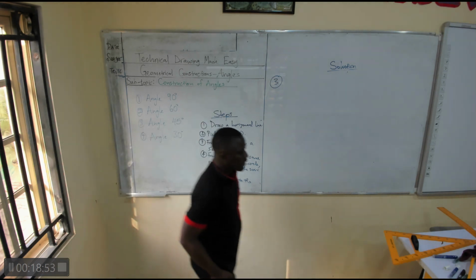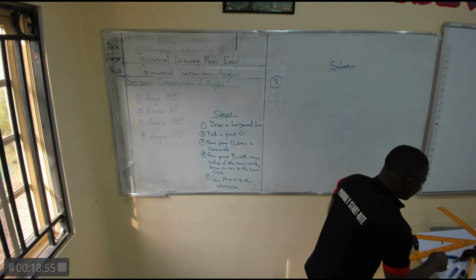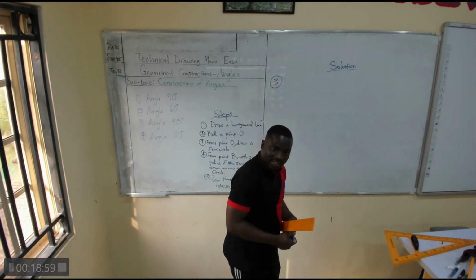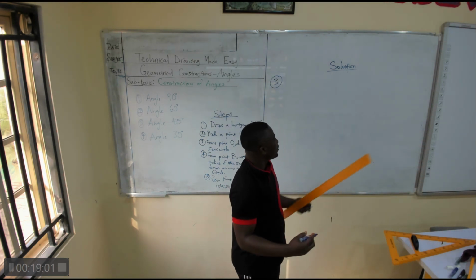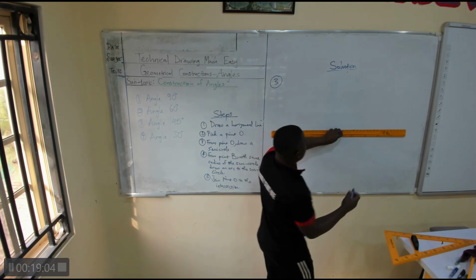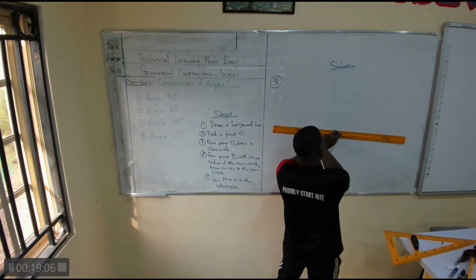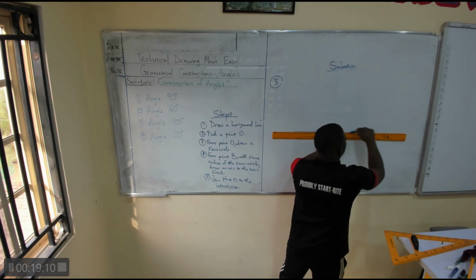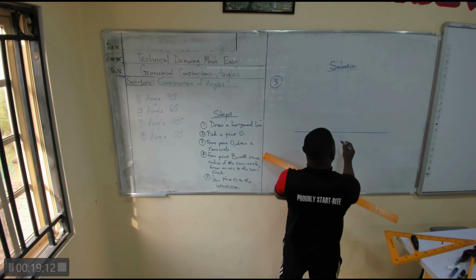Good. So how do we get angle 30 degrees? We bisect 60 first. But we need to get 60. So the first thing is draw a horizontal line. Every construction starts from a horizontal line.